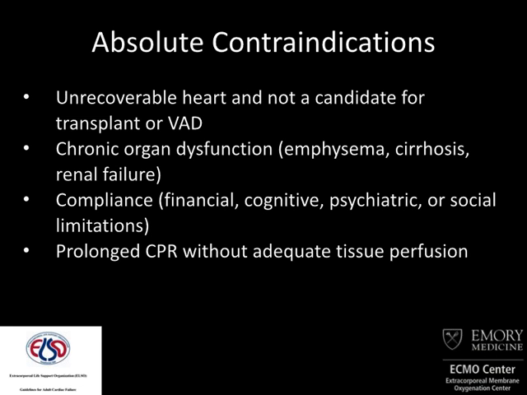So for example, the schizophrenic that has had 3 suicide attempts is not going to qualify for a transplant or VAD. And so that's probably a poor candidate to put on ECMO. And it's an unfortunate statement, but it's true. And then last but not least, patients with prolonged CPR that did not get adequate tissue perfusion during CPR is probably an important group of patients to avoid putting on ECMO.